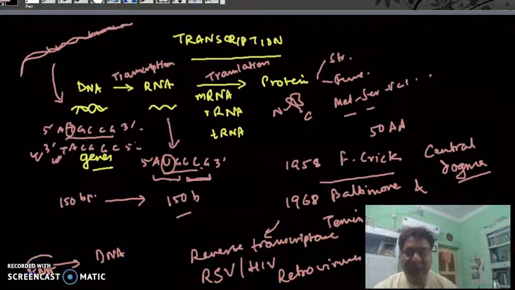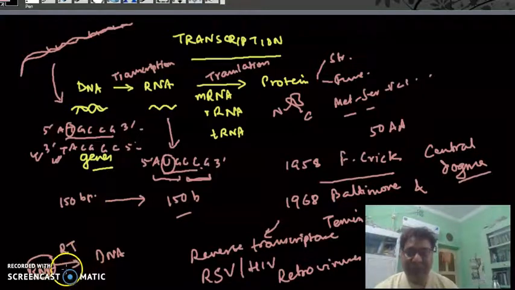They contain RNA as their genome, and when they enter the cell, they convert this RNA into DNA, which gets integrated into the host chromosome. They can do this because they carry an enzyme called reverse transcriptase, which is the reverse phenomenon.